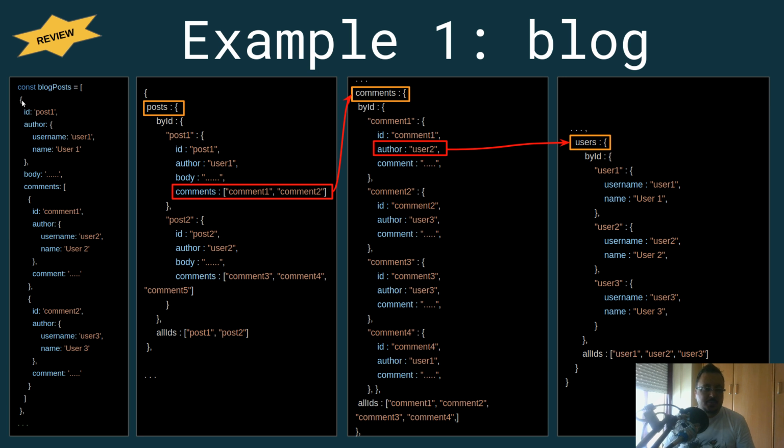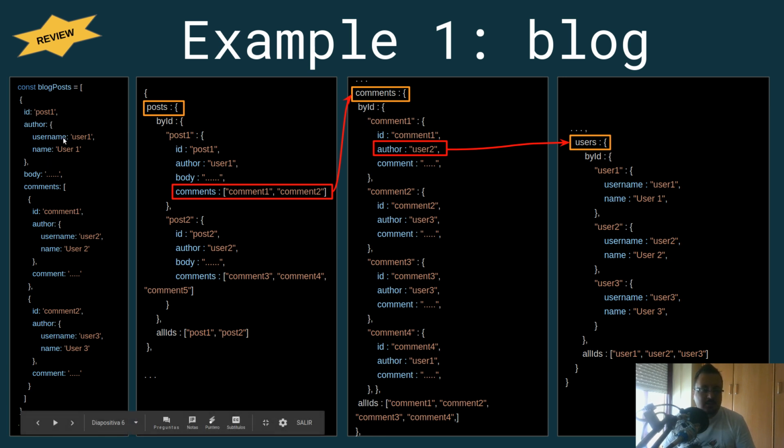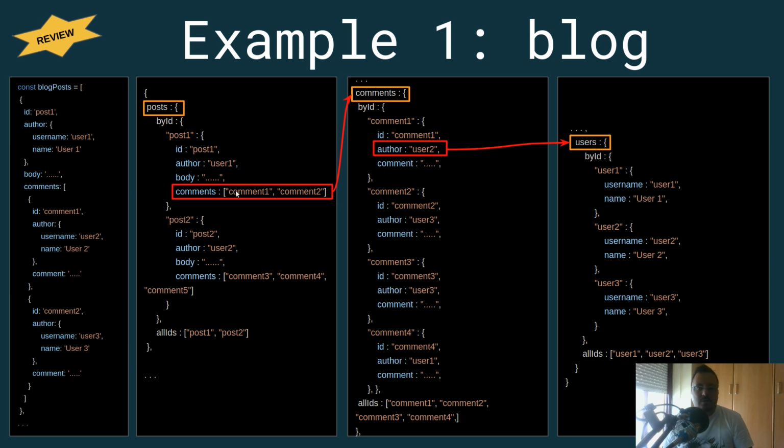So you see, we changed this whole post object. Now the post object has the ID, the author just references by its ID, the body is here, and the comments are also references by IDs. So now it's easier to see this.